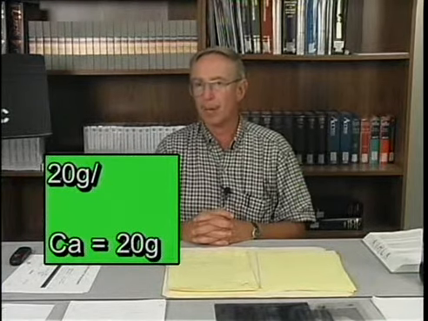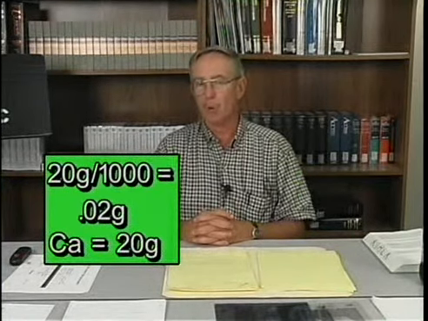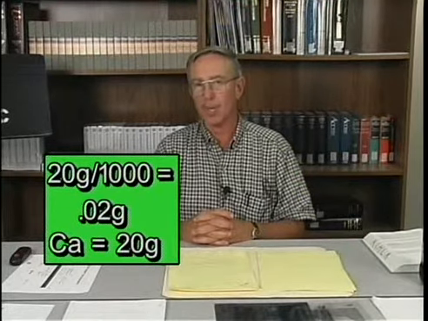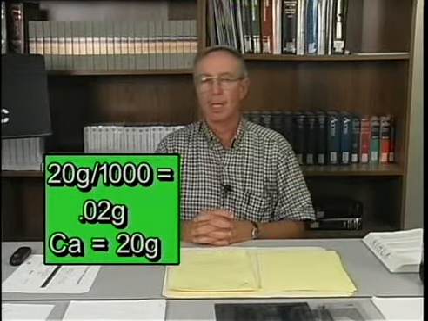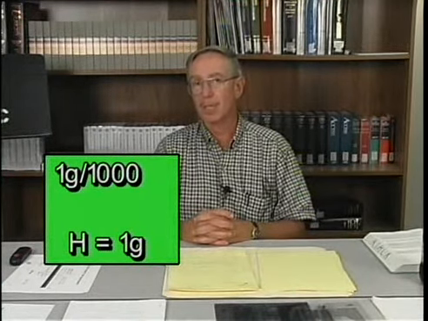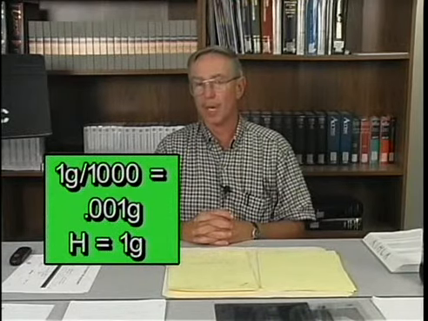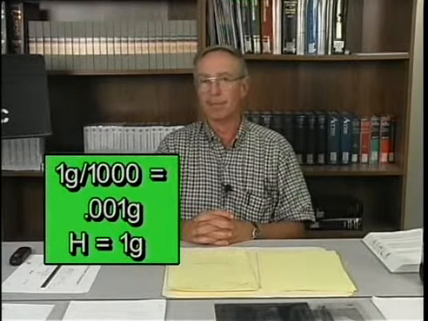In other words, calcium has an equivalent weight of 20. We divide that by 1,000 and we get 0.02 grams as the milli equivalent weight of calcium. Hydrogen, which has an equivalent weight of 1 gram, divided by 1,000, will give us 0.001 grams for the milli equivalent weight of hydrogen.